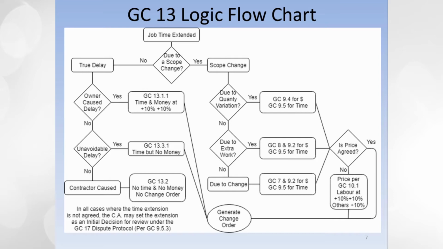In all three cases, if agreement cannot be reached, the CA makes an initial decision, and final resolution of the allowable time adjustment is made via the GC 17 dispute resolution protocol if necessary.